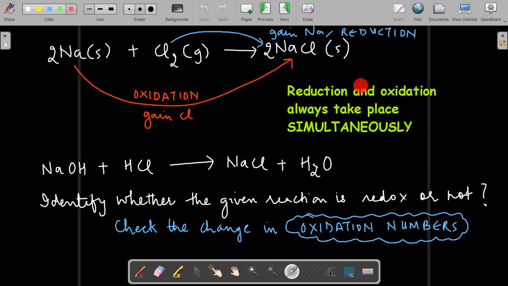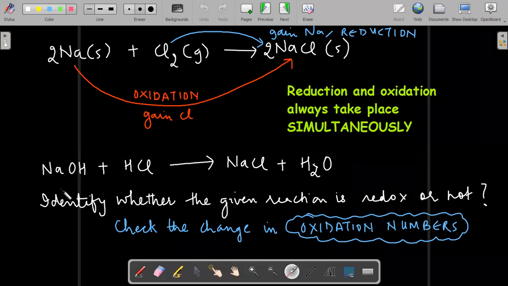But the only important thing is that if there is loss of electrons, definitely somewhere there would be gain of electrons also, right? So these two processes always take place simultaneously. There is no reaction which is only oxidation or only reduction. You will always have redox, means reduction and oxidation taking place simultaneously.